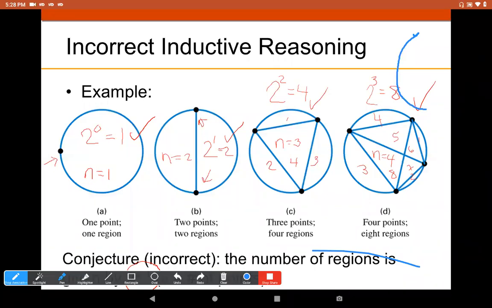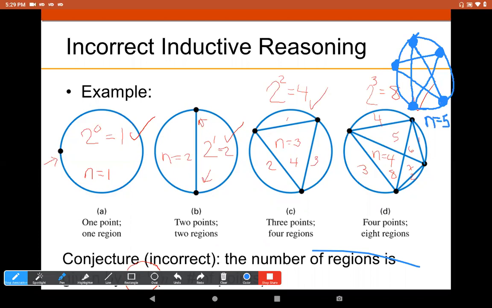I was trying to draw a new region with 5 dots. I know what this one looks like. I've been drawing them since grade school. It looks like a star inside of a circle. There's my n equals 5.